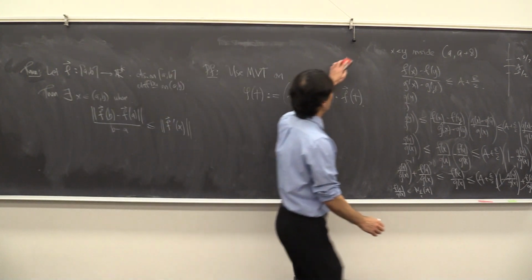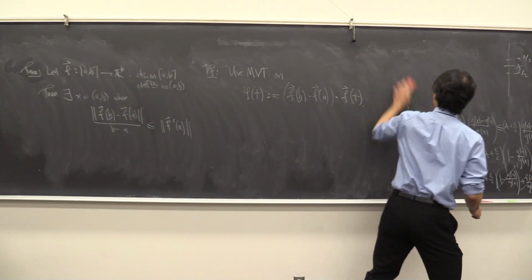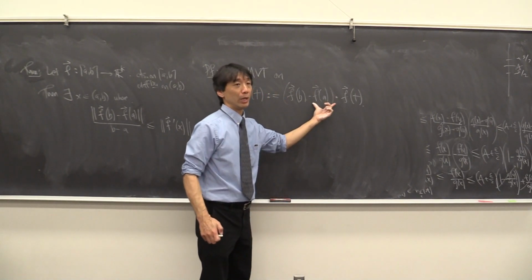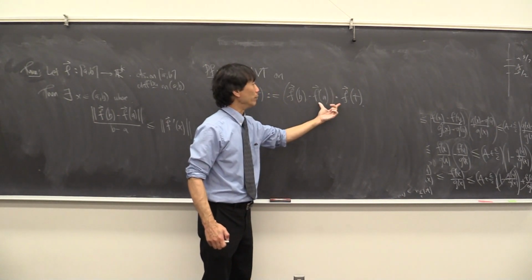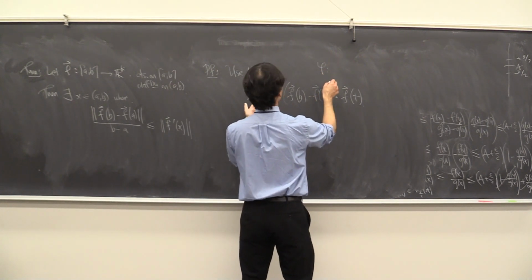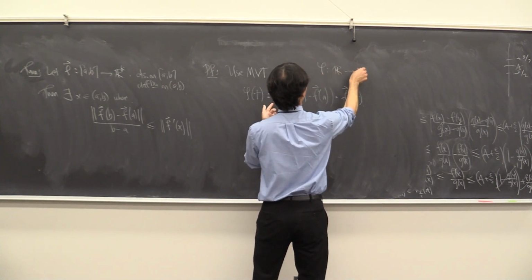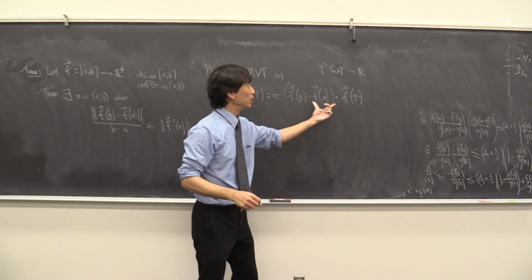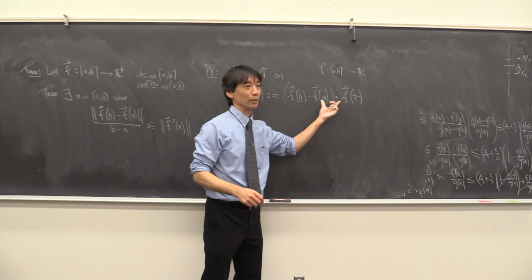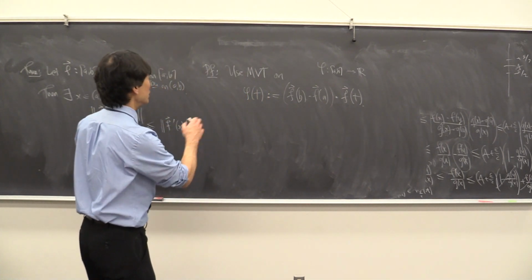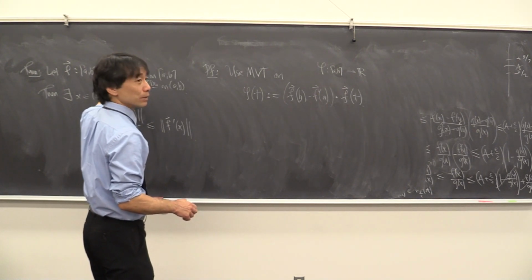This thing here is just a one variable function. Phi goes from the interval [a,b] to R, because you're taking the dot product here, so you just get a scalar out of it. And it's differentiable and continuous because of the conditions.